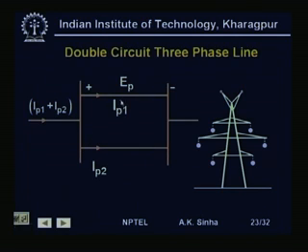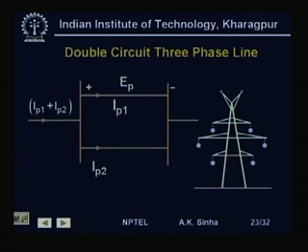Now, the current flowing in one circuit is IP1, the current flowing in the other circuit is IP2, where IP is basically a 3 element vector which consists of IA, IB and IC.